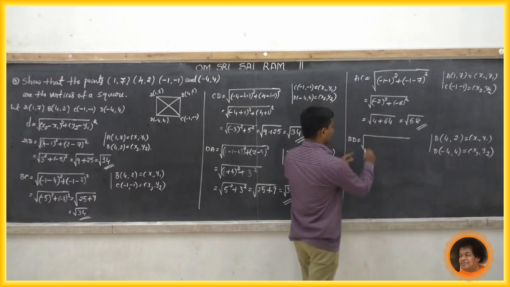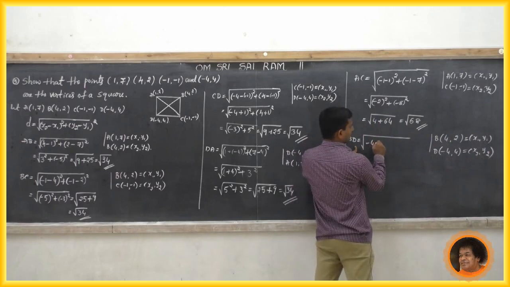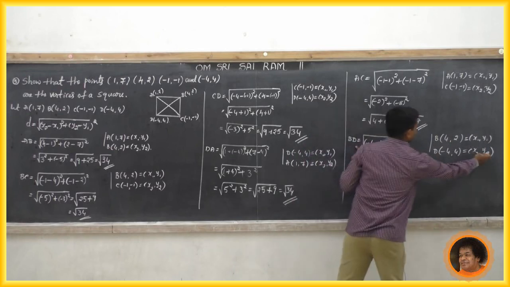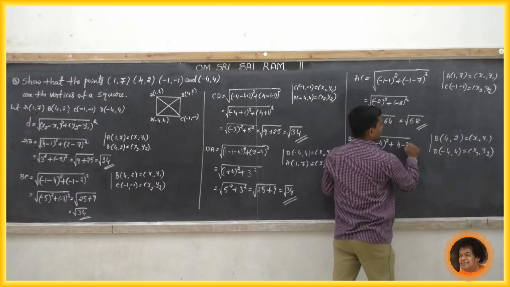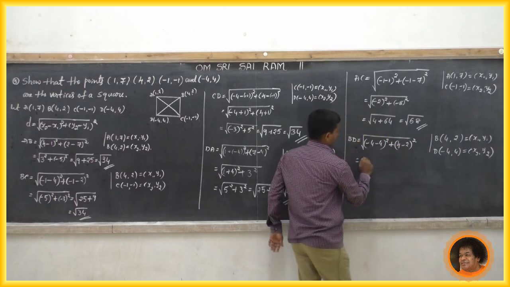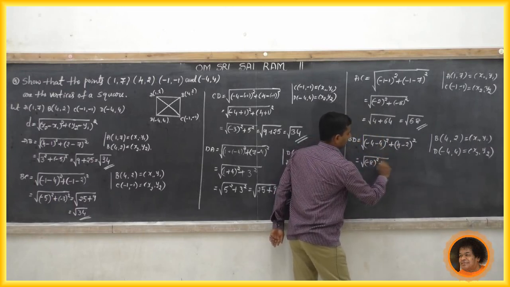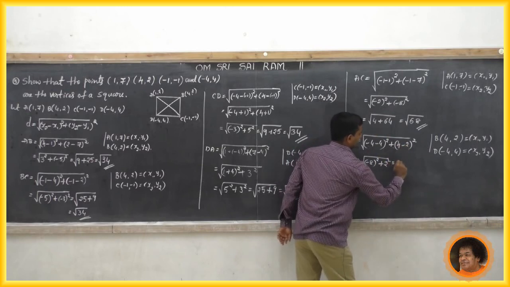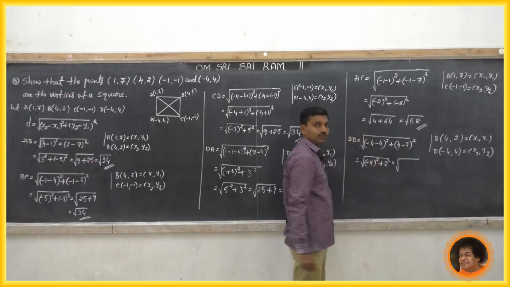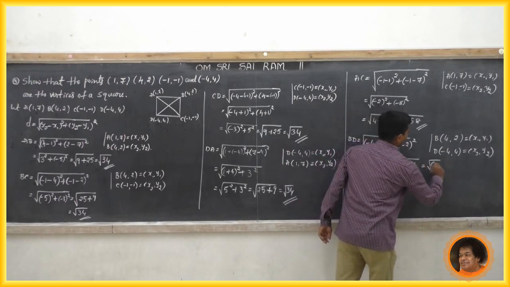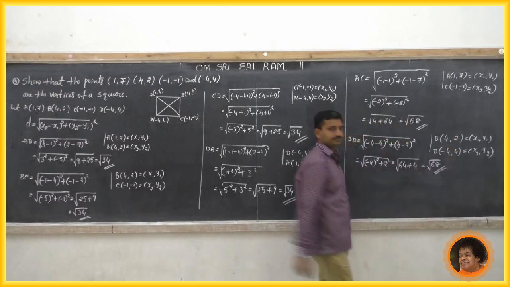Now substitute the values. x2 minus x1, -4 minus 4, -8 whole square, plus y2 value 4 minus 2, 2 square, equal to square root of -8 whole square 64 plus 4, equal to square root of 68.